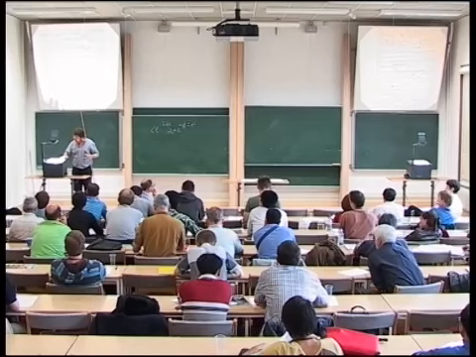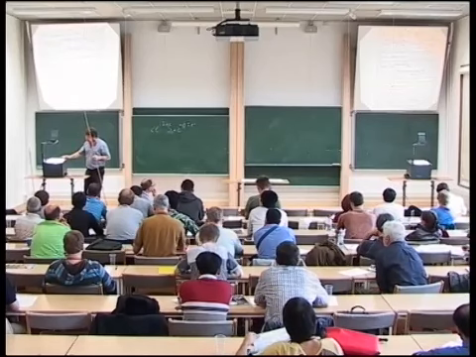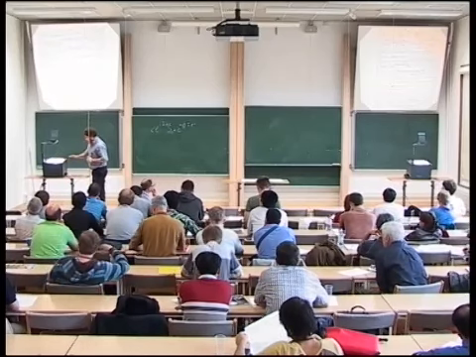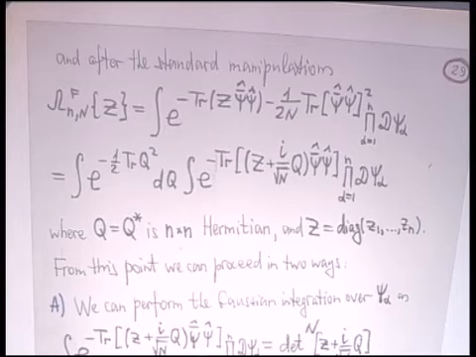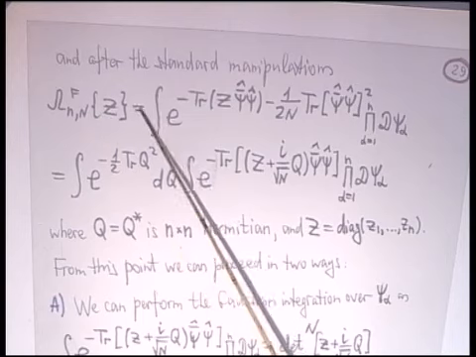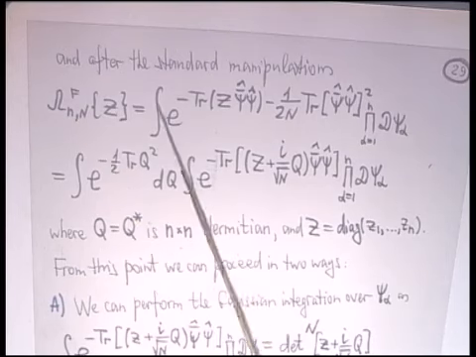Now, after the standard manipulations, you just do all the same steps, slightly taking care of signs when you commute psi past psi bar and all that, and you will arrive at the following representation for our object, the expectation value of the product of n characteristic polynomials.